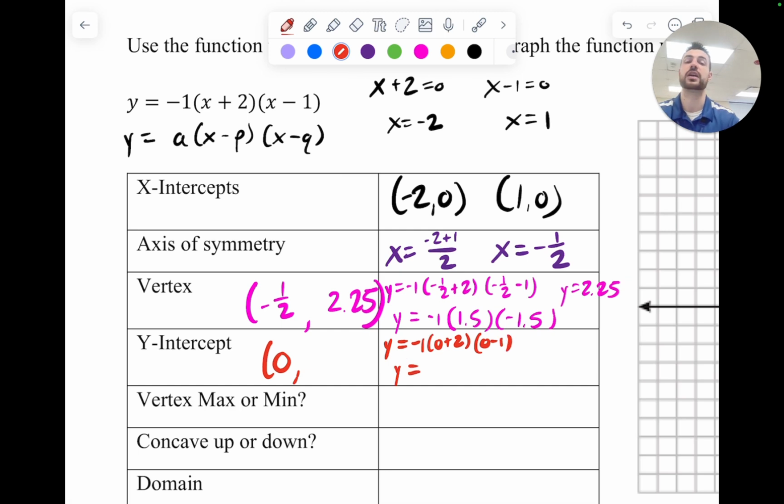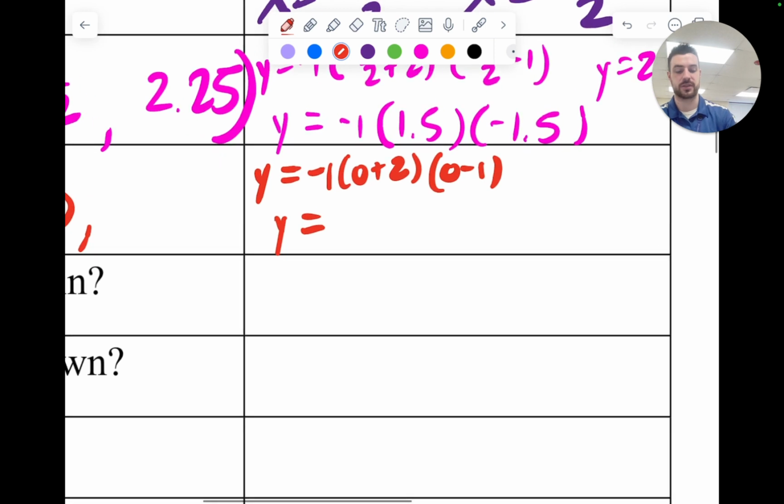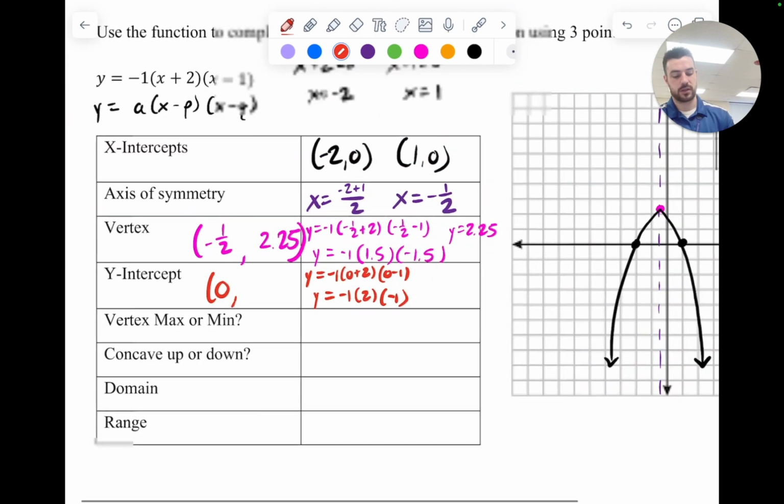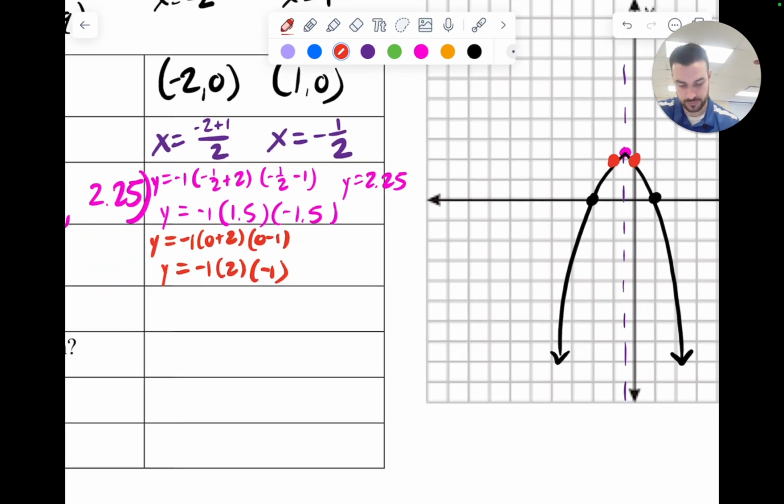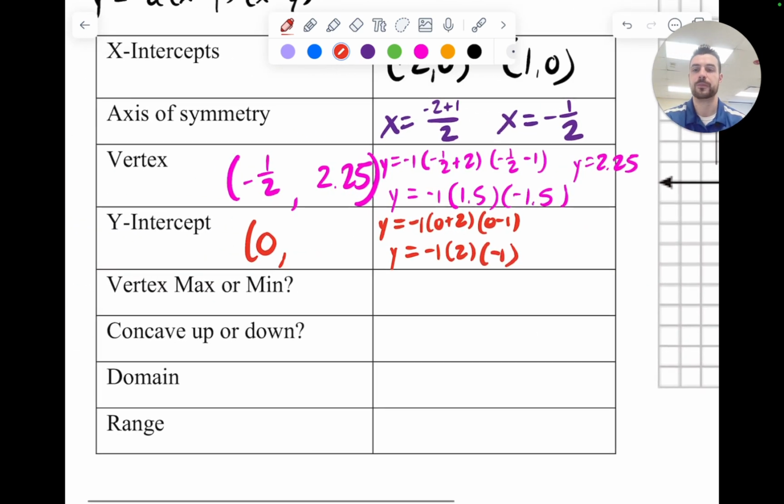Again, understanding what a y-intercept is will make this process easier. Negative 1 times 2 times negative 1 should be positive 2, which is actually right about there. If we wanted to, again, we could reflect it over and get a symmetric point, which is right there. Okay?